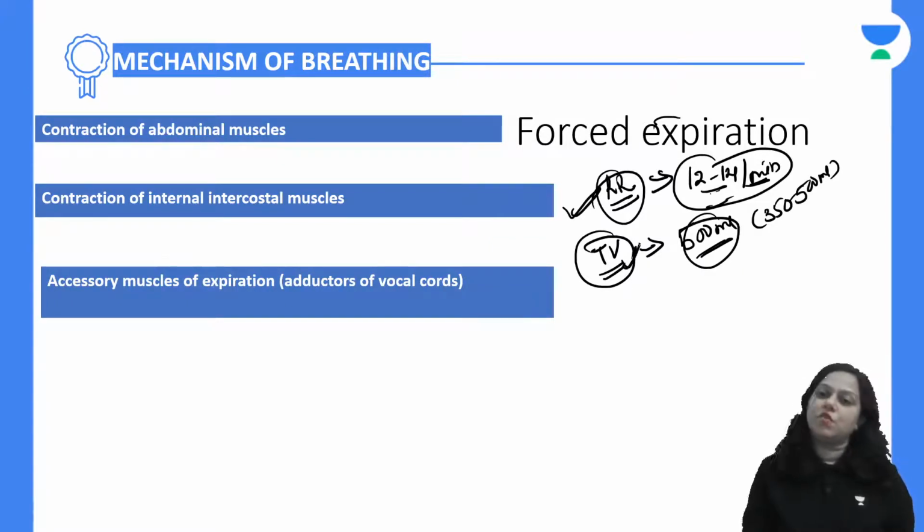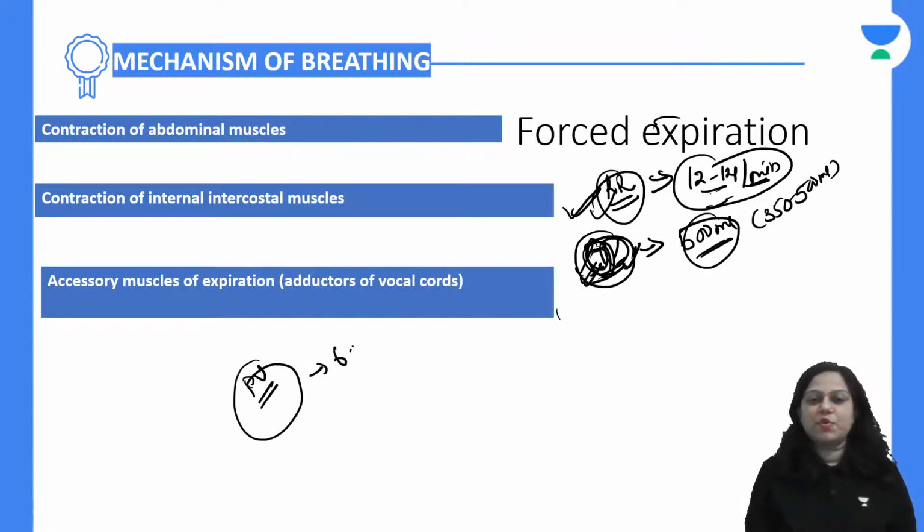Tidal volume means the volume which enters the lungs with each act of tidal respiration, right? You can calculate pulmonary ventilation from this. If you know tidal volume and respiratory rate, normal pulmonary ventilation is approximately 6 to 7 liters per minute.